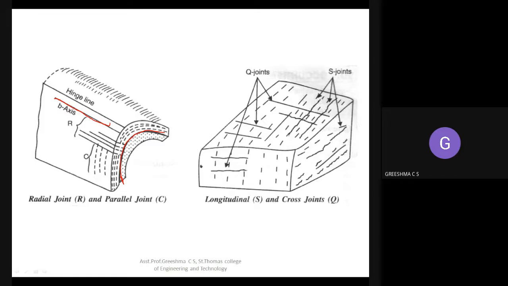If the joints are parallel to this B axis, they are called radial joints, and perpendicular to this B axis they are called C joints. Along the inclination you have the B axis. If it is parallel, it is radial joints, and if it is perpendicular to the B axis, it is called C joints.